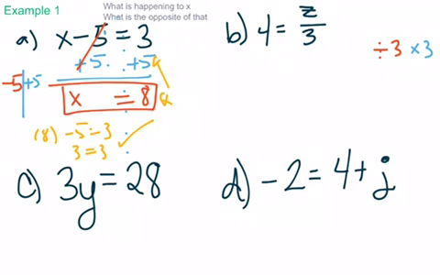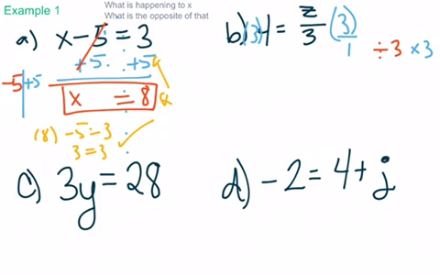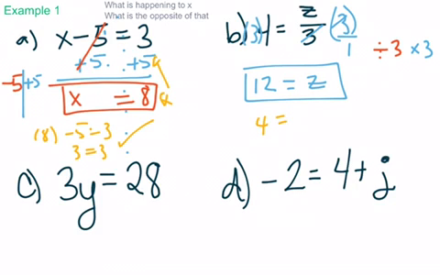Notice 3 over 1 times z over 3, the 3s are going to cancel each other out, and you're just left with z over 1, or basically just z, which is what we want. 3 times 4 is 12, right? So that is our solution. Check our solution by plugging it back into the equation. So 4 equals 12 divided by 3, and you know that 12 divided by 3 does equal 4, so we're good.